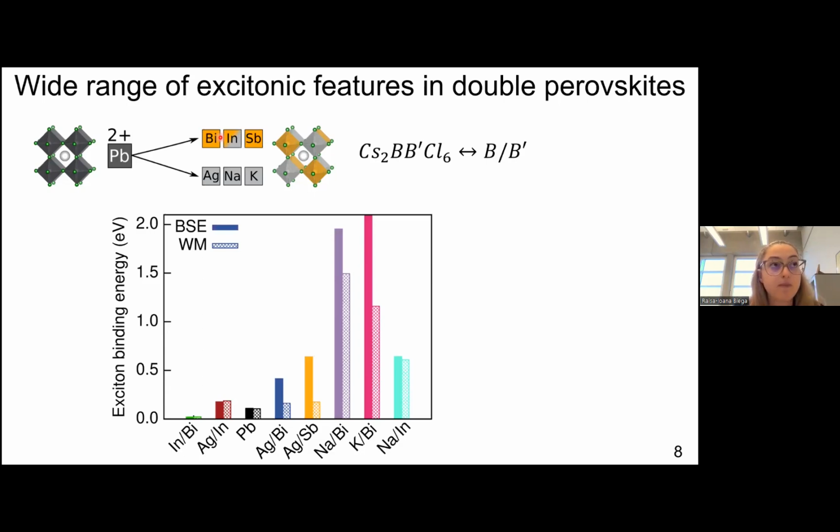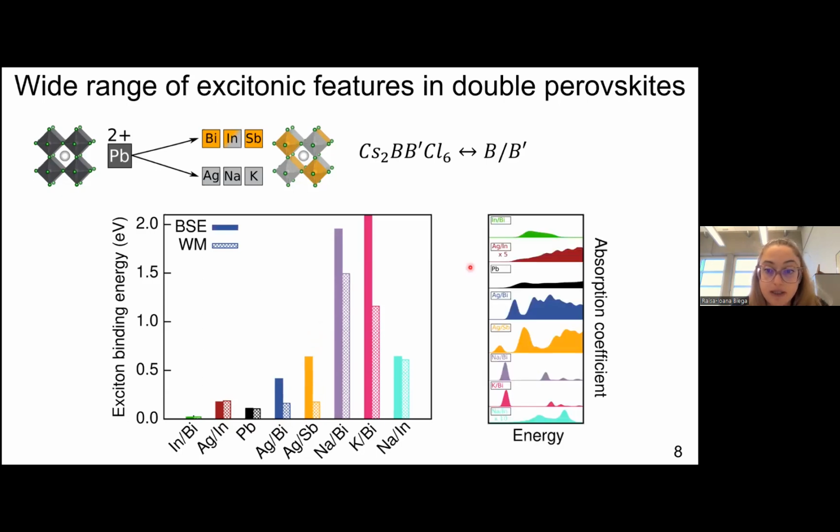We also compute those exciton binding energies with the Wannier-Mott model, and then we get this picture over here, and we see that for some materials, the exciton binding energy that we get from our first principles calculation is very close to the Wannier-Mott one, but for some of them, those two are very different.